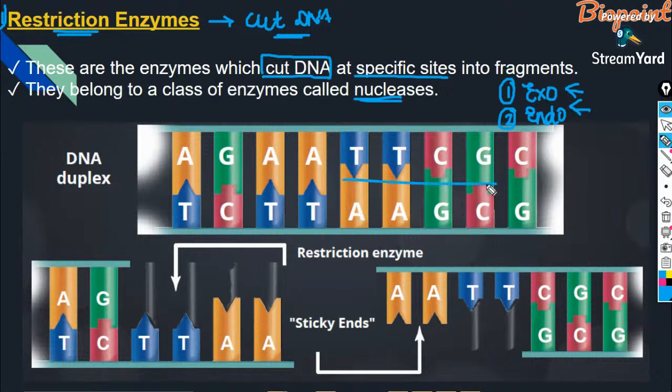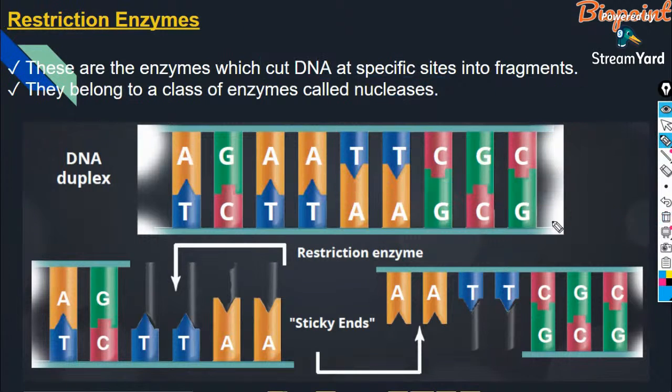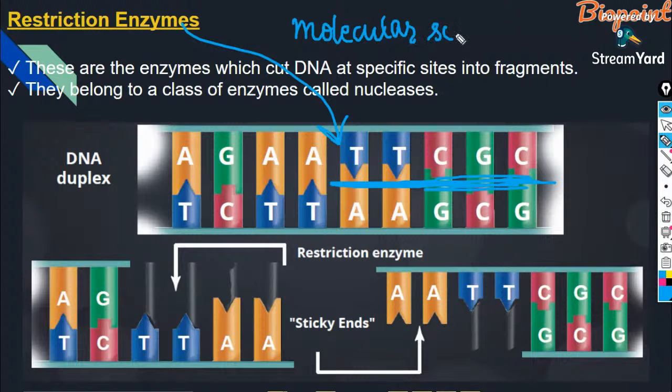For example, you can have a cut in the DNA over here. This particular DNA cut can be made with the help of restriction enzymes. Therefore, they are known as molecular scissors. Restriction enzymes are referred to as the molecular scissors.